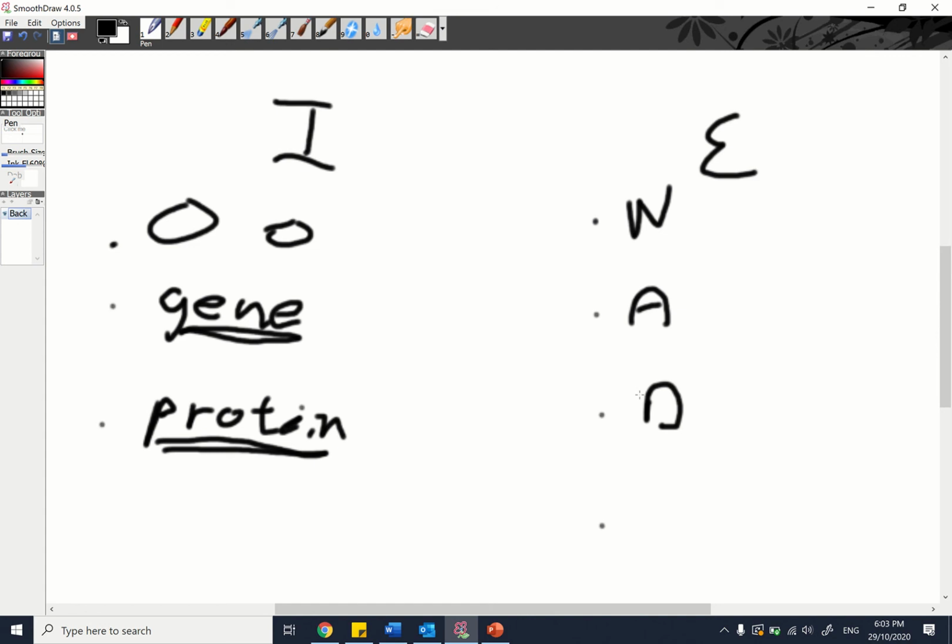So if it's just floating around, like a jellyfish in the ocean, without an anchor, it won't divide. To be able to divide, it needs to find an anchor, attached to something. And that's one of the properties of cells.